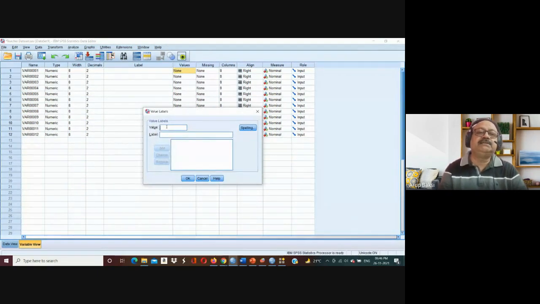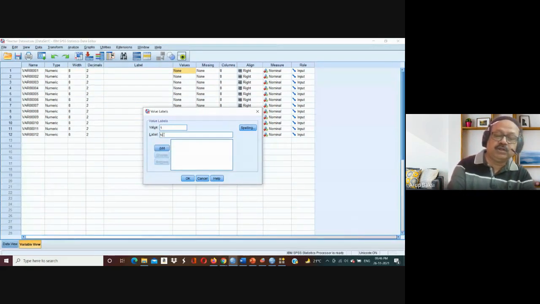So what does the value of 1 mean? Say not concerned. Okay, so you can go for number 2. What does it mean? And say if I add the extreme one, number 5, extremely concerned.